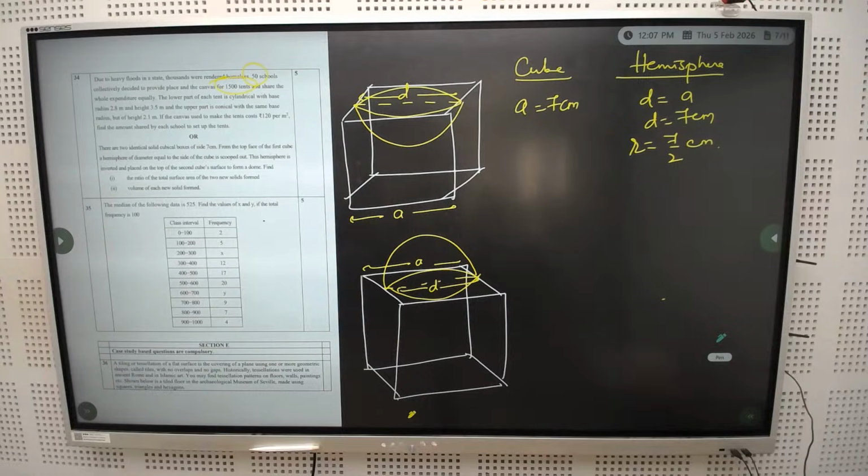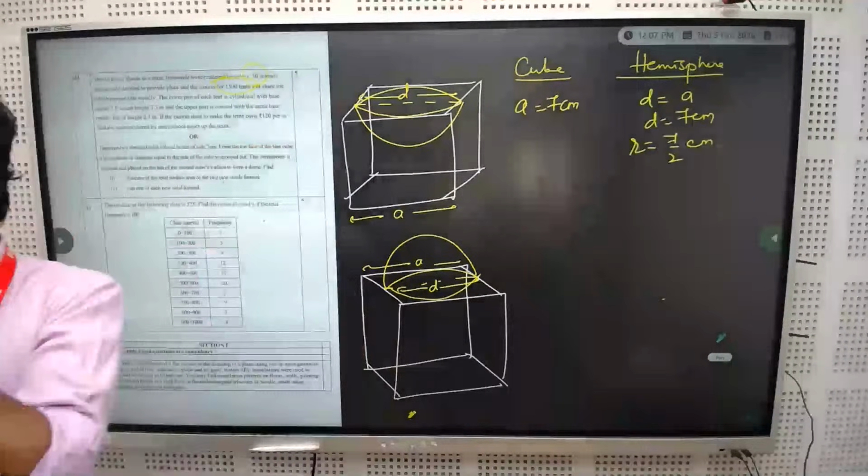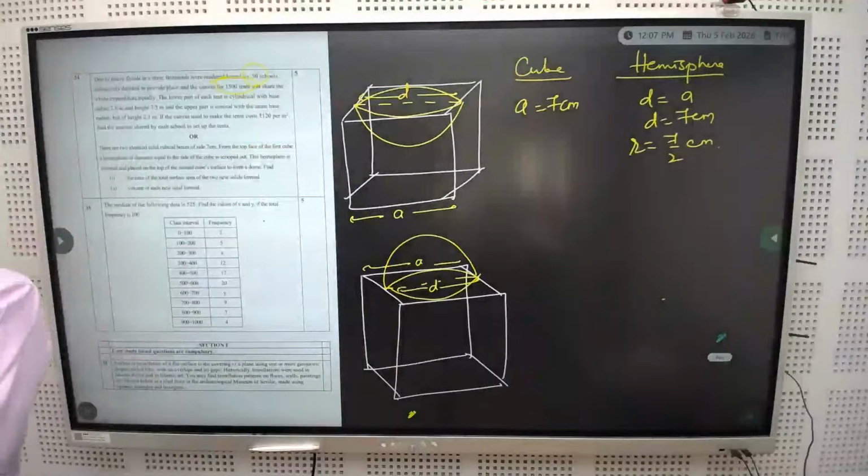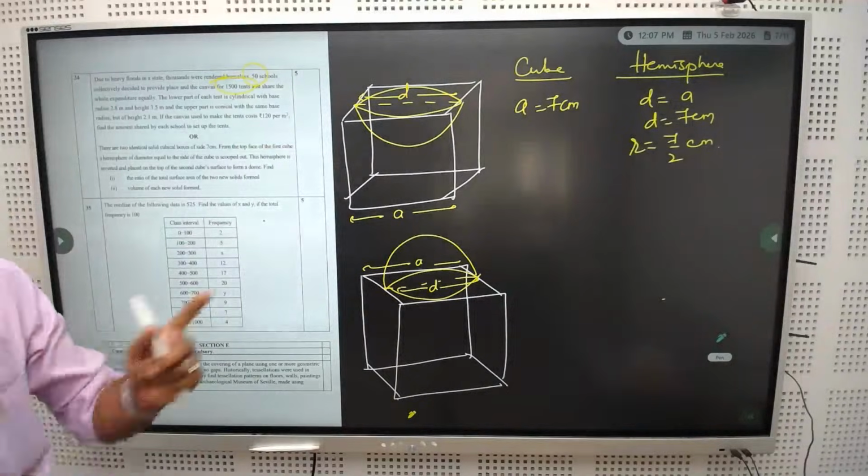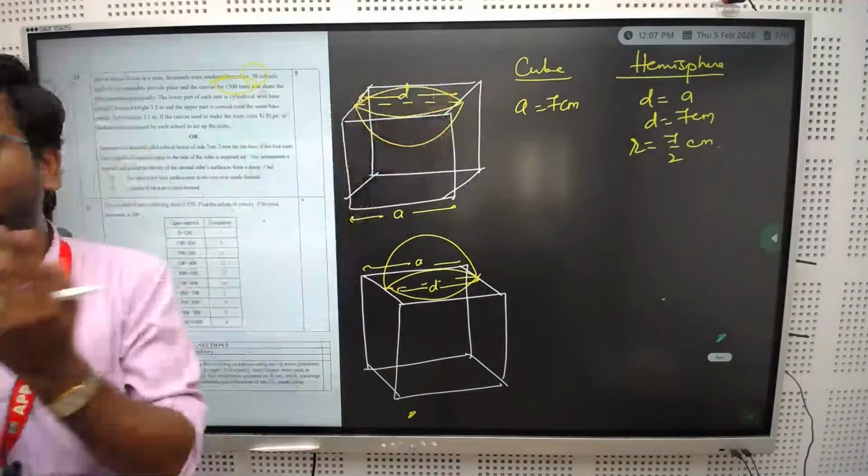Whenever there is a cube and a hemisphere, there is a direct formula which I gave in the classwork. TSA is equal to 6a square plus 2 pi r square minus pi r square. Why? What is the curved surface area of a hemisphere? 2 pi r square. Minus this circle, why?